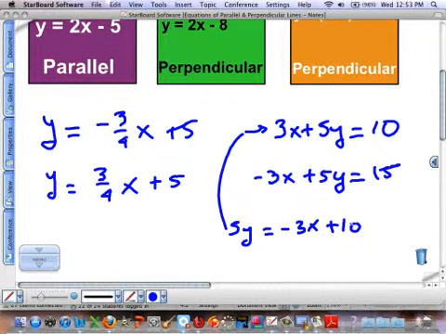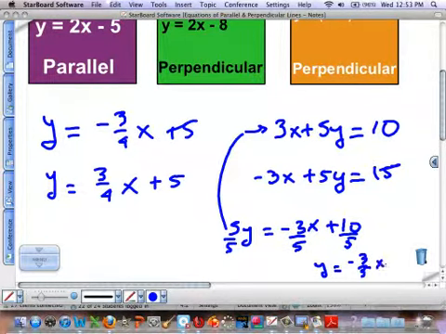And then you just divide by 5. So y is negative 3/5 x. And if you do that for both equations, we can get them in slope-intercept form, and then I can really focus on the slopes to see what they're going to be. So that's another technique. I like what you said as well, very insightful.